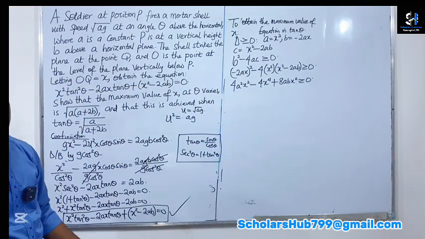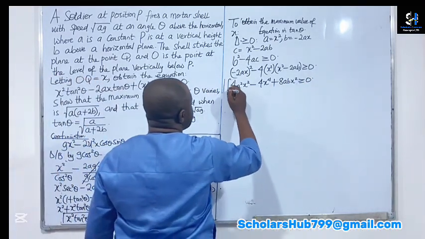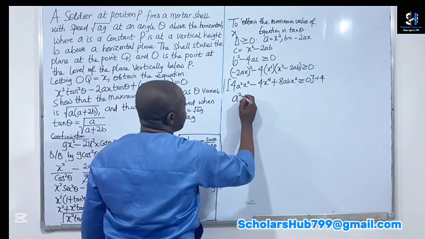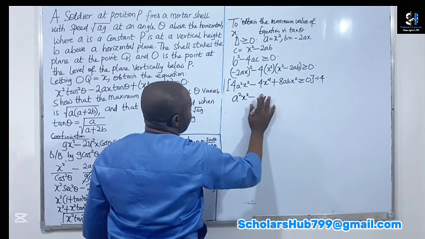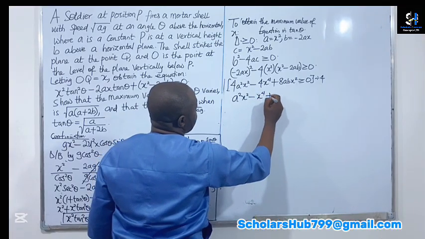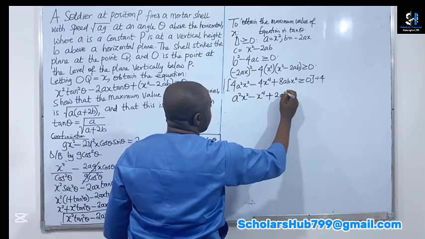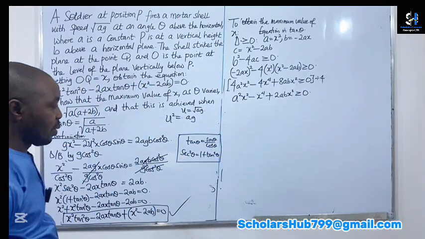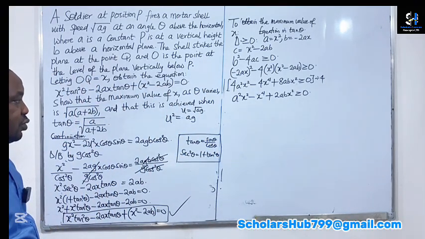Let's divide through by 4. This reduces to a squared x squared minus x to the 4th plus 2abx squared greater than or equal to 0.